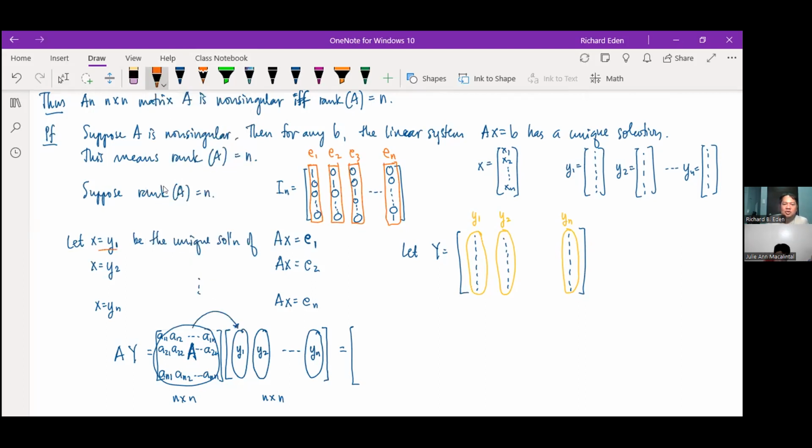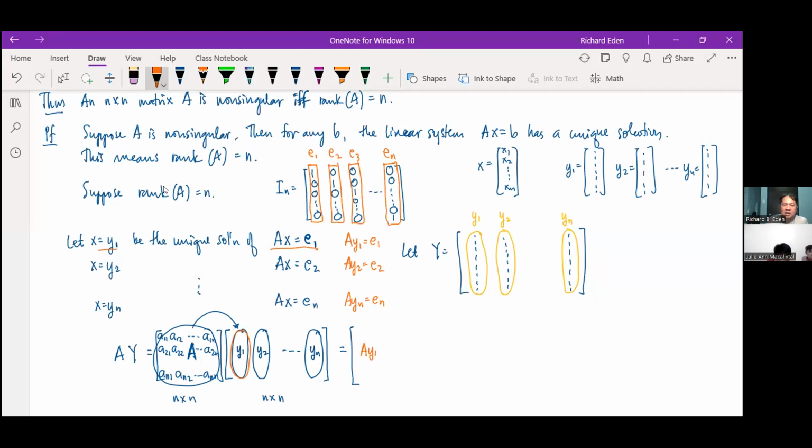Y1 is the solution of this system. So ibig sabihin, A y1 equals E1. Similarly, A y2 equals E2 until A yn equals E sub n. So mangyayari, nung makukuha natin matrix A multiplied to the column y1, so that will be A y1.